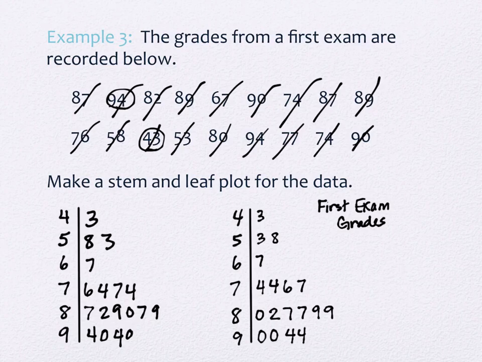I need to know what it means. These are numbers in the tens place on the left, numbers in the ones place on the right. So you take one that's unique, like 43, which is a good one because I don't have a 34 on here. And I'm going to say something like this, where 4-3 is 43.